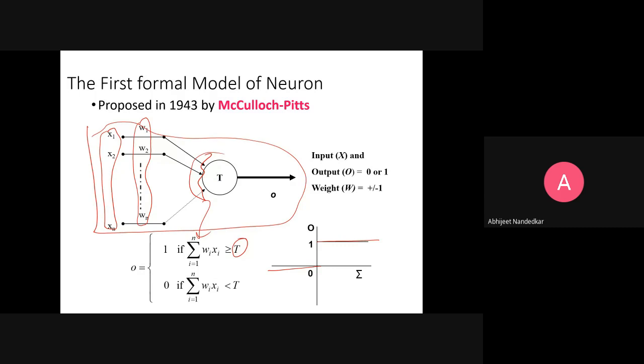Based on this, if the output is +1, it is class 1, that is object 1. If it is 0, then it is class 2. Say +1 represents a pen, and output 0 represents a duster.